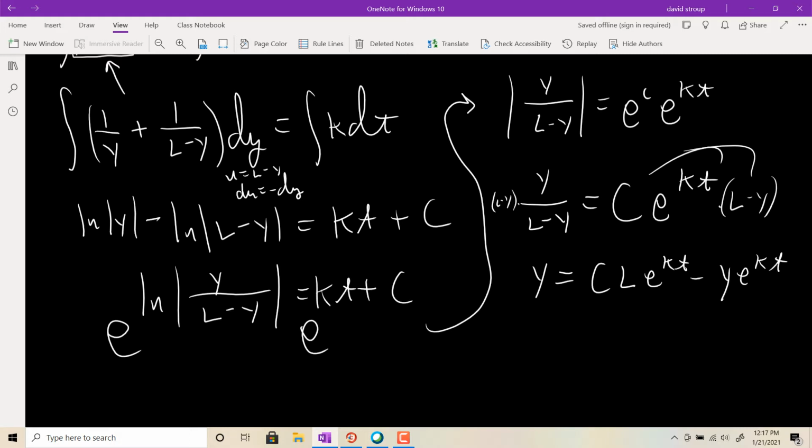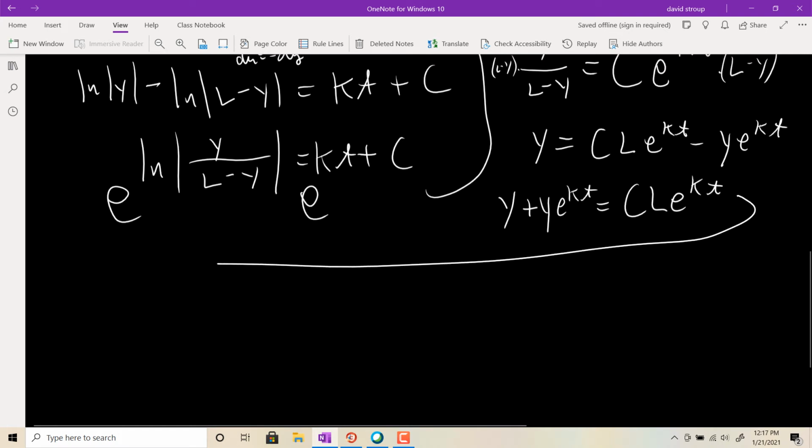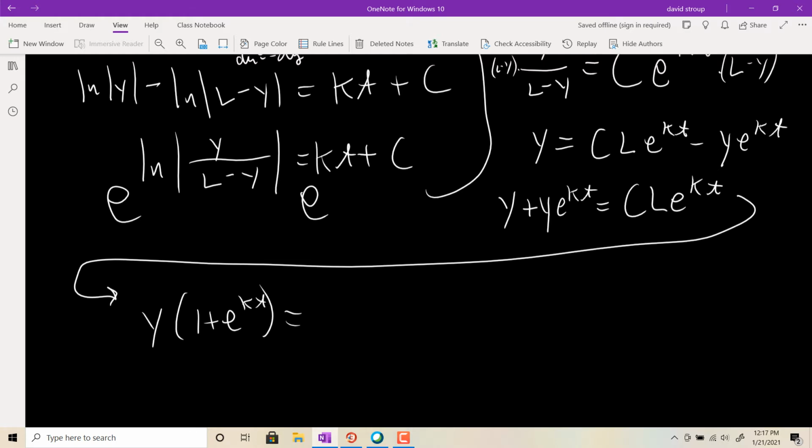Move the C y e to the kt to the other side. So I'll have y plus C y e to the kt equals CL e to the kt. Factor out the y. Let's move back over here. You get y times 1 plus C e to the kt equals CL e to the kt.